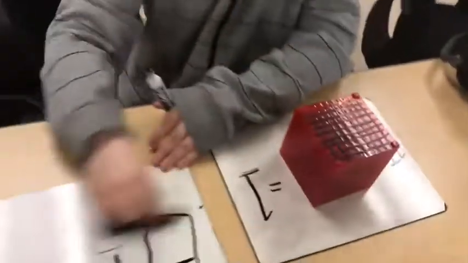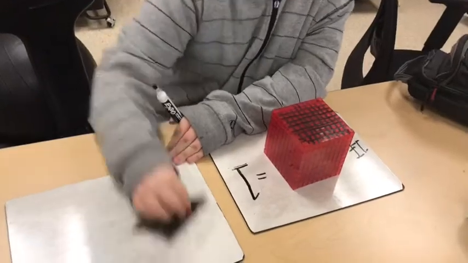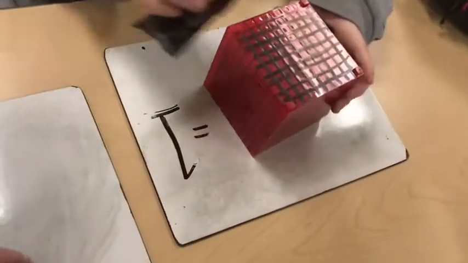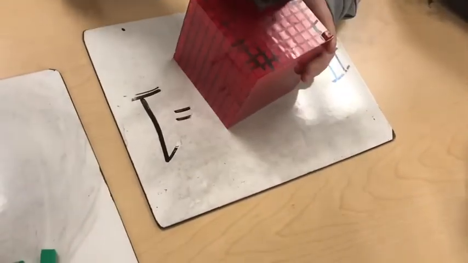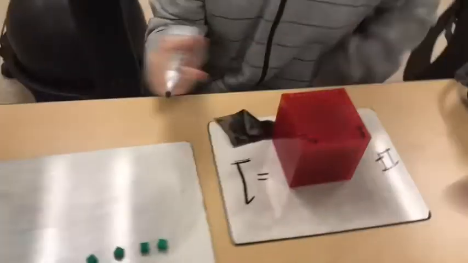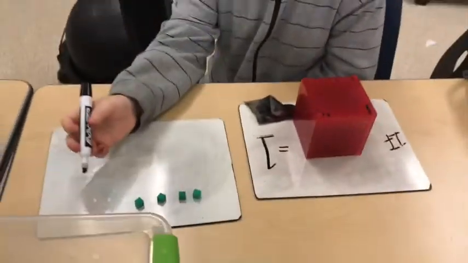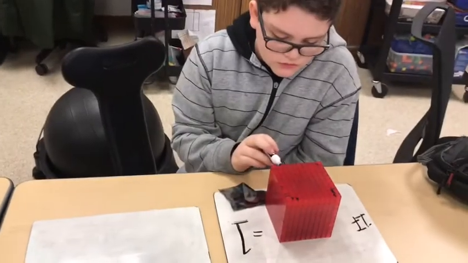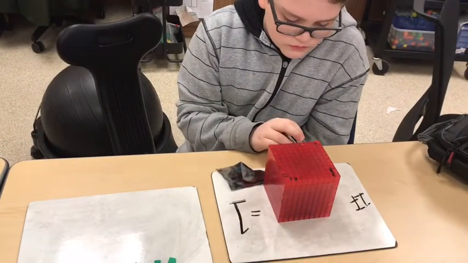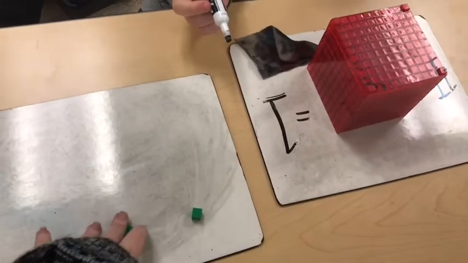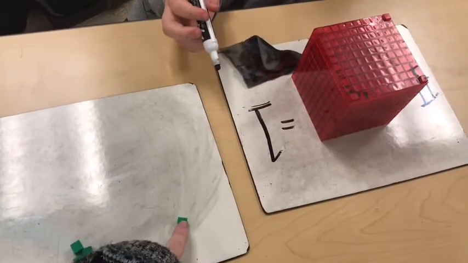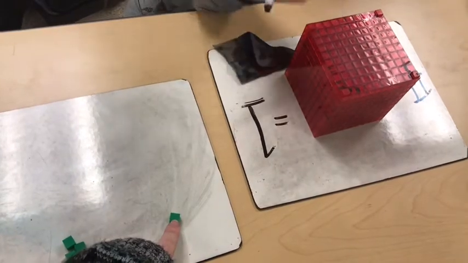I got another one for you. Okay, so now write me a number for this, if this piece is one whole. And remember, if you knew this one, what's this? 1 out of 1,000.